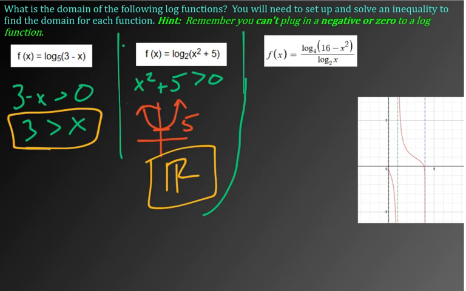This last one's getting a little bit more complicated. So I'm just going to start with the top. So we need 16 minus x squared to be greater than 0, right? I'm going to move everything to the right because when I solve these quadratic inequalities, I like them positive.